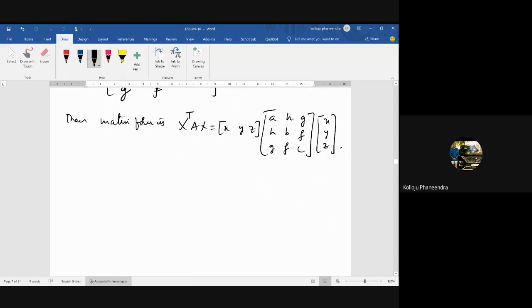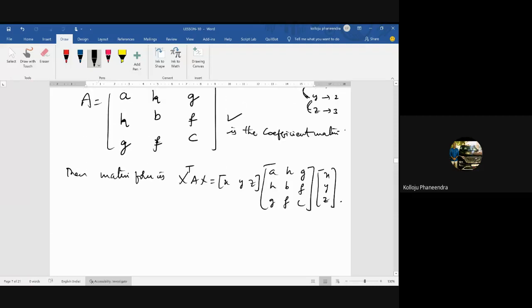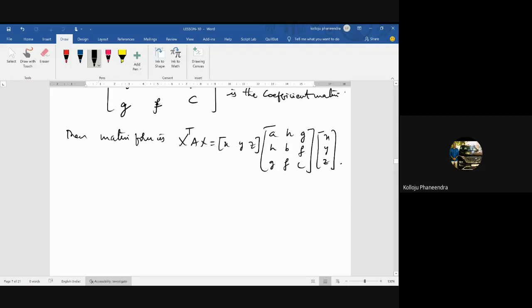Now what is the question here? Reducing quadratic form to canonical form. For example, write this one.